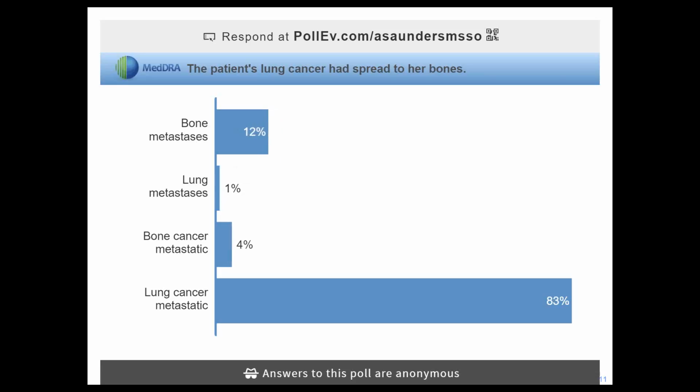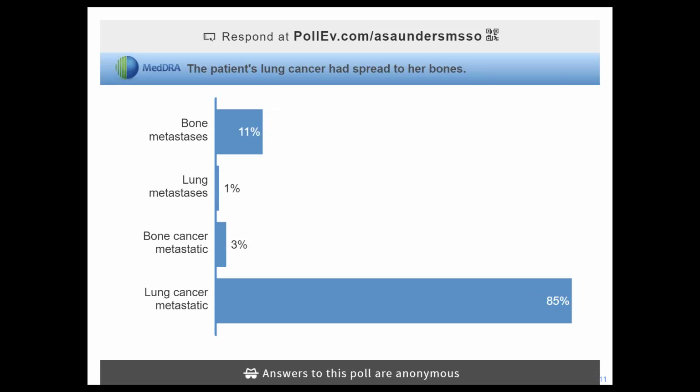Great. So I think where we're leveling off here is a good spot to speak a little bit about the different choices. Something that often comes up when we discuss coding these metastatic or metastases terms is understanding the difference between a metastasis to and a metastatic from.